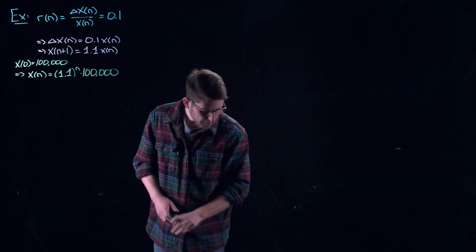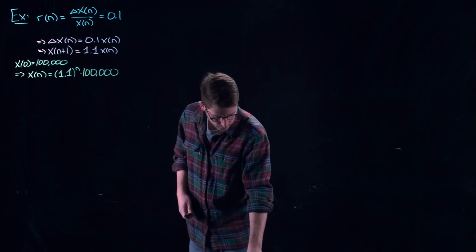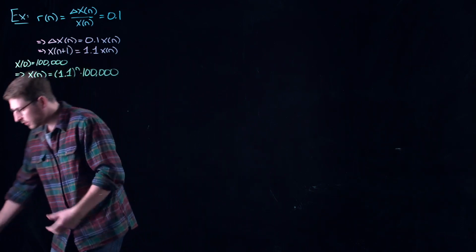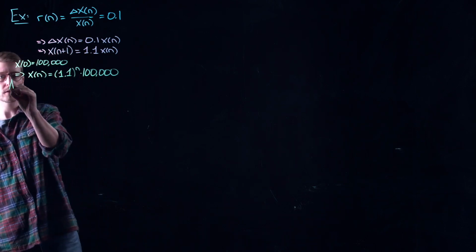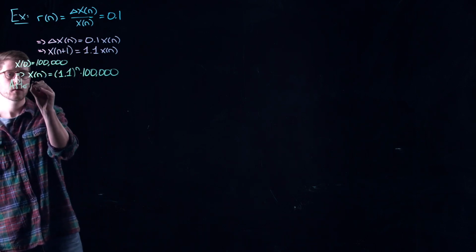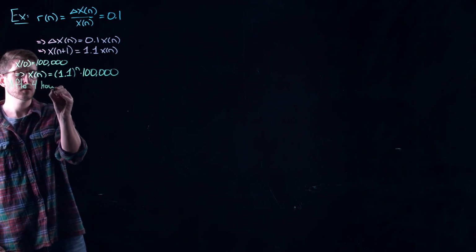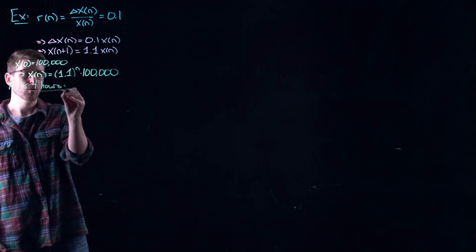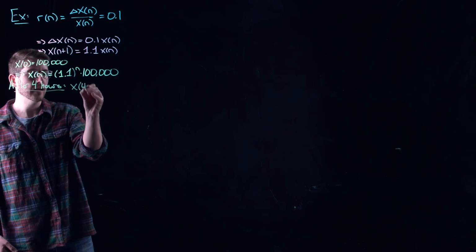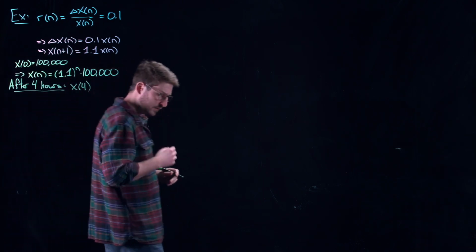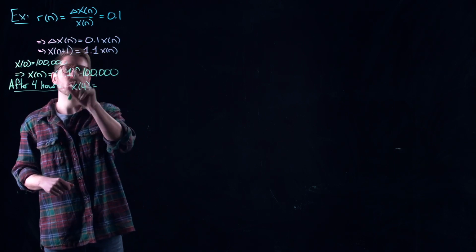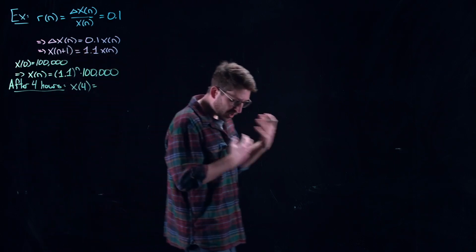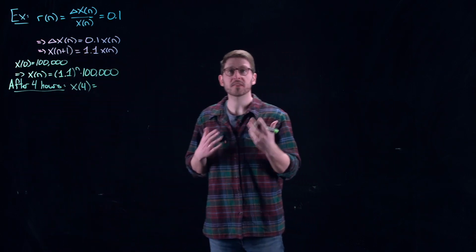And so maybe we were asked the question, how much yeast are you going to have after 4 hours? So we could do this. We could say after 4 hours, well, this would be x of 4. And in this case, it is just 1.1 to the 4th power multiplied by 100,000.